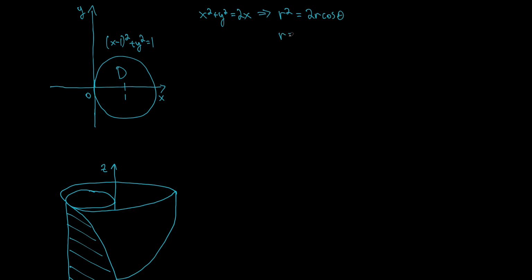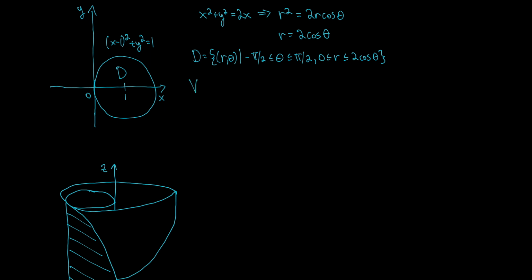So taking square roots, we get that r is 2 cosine theta. So our region D can be described as the set of points (r, theta) such that theta goes from minus pi over 2 to pi over 2, and r goes from 0 to 2 cosine theta.